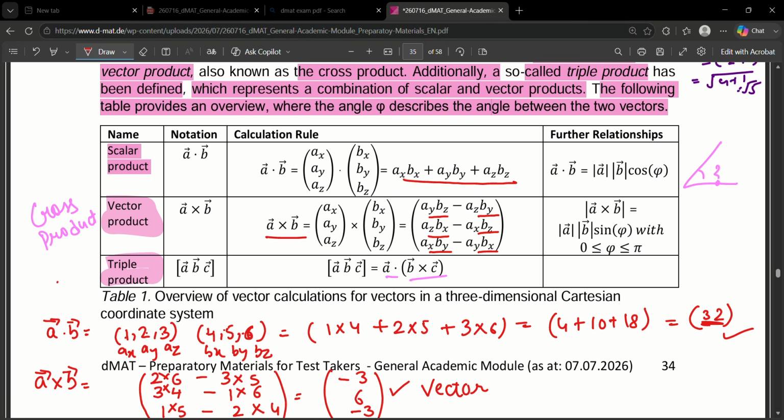Now there is a triple product that we are going to solve in the next question. So these are basically the definitions of cross product, dot product and triple product.